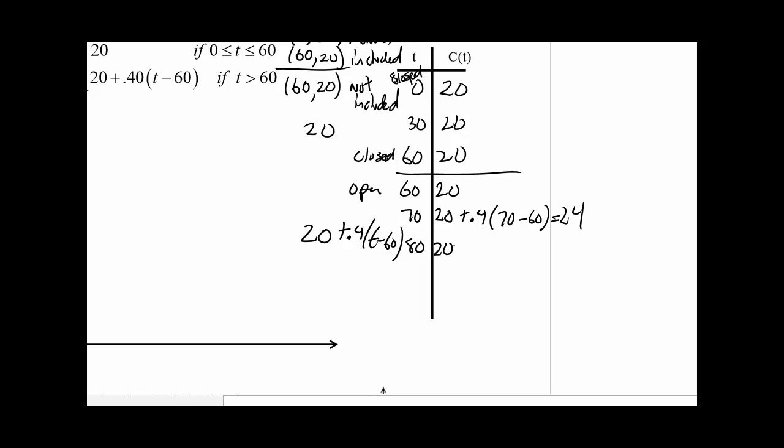And then same thing with the 80. So 20 plus 0.4 times 80 minus 60. So 20 plus 0.4 times that, and I get 28. Okay, so I can see that it seems to be going up by 4. So I'm guessing I should get 32 out of that.